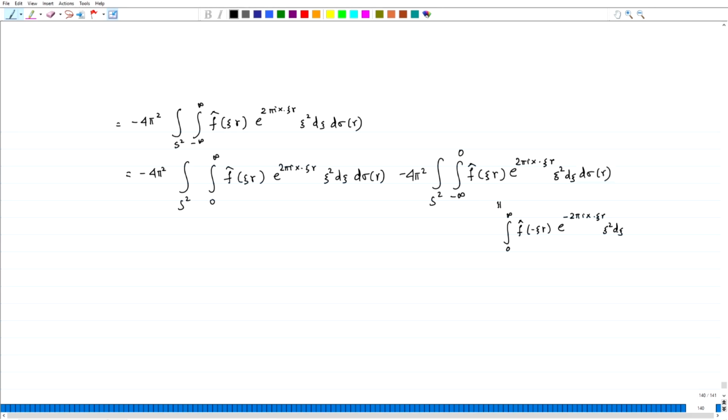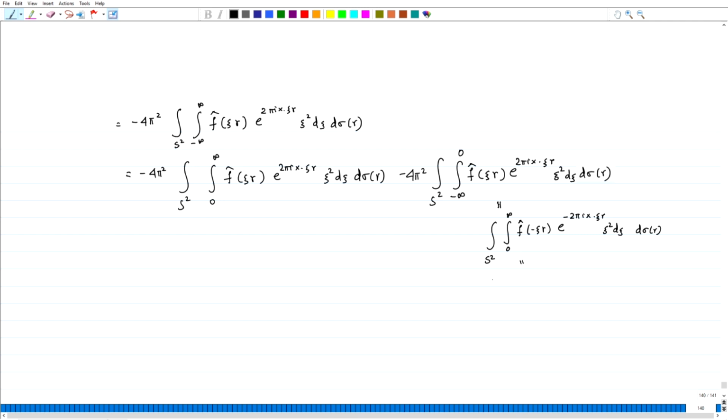This is what the inside integral will look like. Now, we have another integral over S^2 sitting over d sigma gamma. Now, you make a change of variable on the sphere, gamma goes to minus gamma, then this is going to be the integral over S^2 of the integral from 0 to infinity of f hat of xi gamma e to the power 2 pi i x dot xi gamma xi square d xi d sigma gamma.